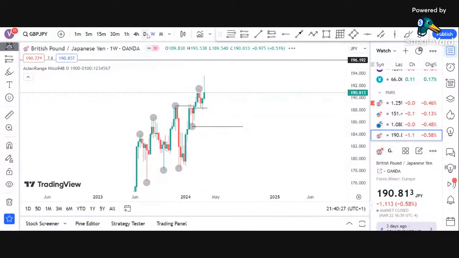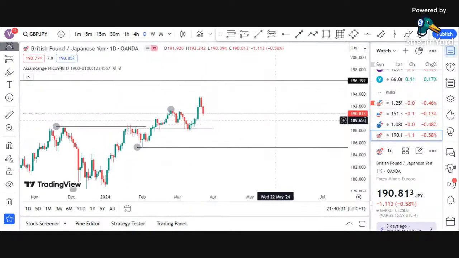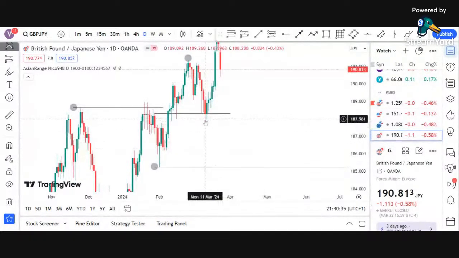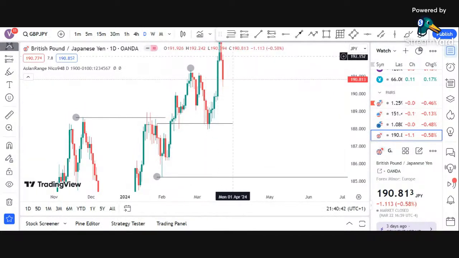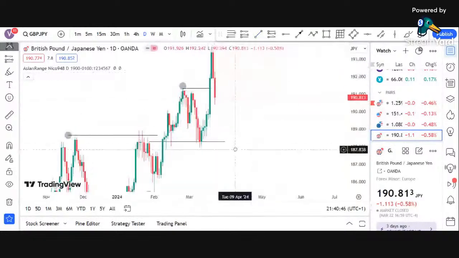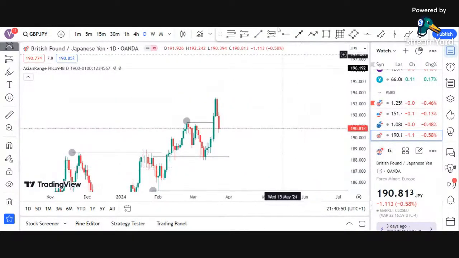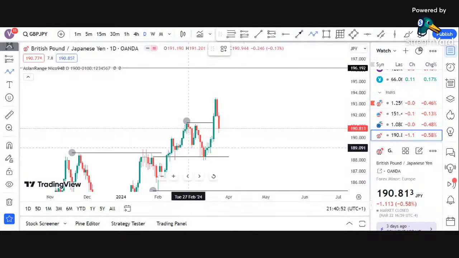So let's go to the daily time frame. All right, in the daily time frame, we already saw a sweep to the upside. This is like a breaker block because we had a sweep on liquidity and we have a push.